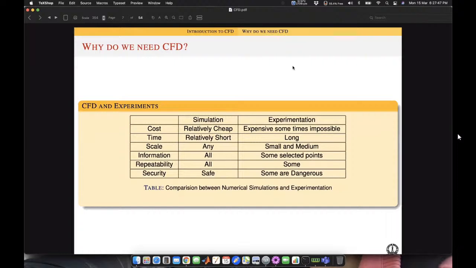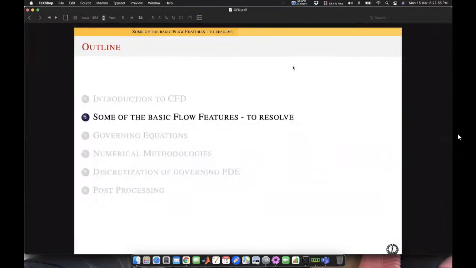So this is why we need what is called CFD. I understood the definition of what CFD is, and why I need CFD as a whole. But we would like to ask the question: what are the basic flow features that we will be resolving? Okay, so let's look at it.